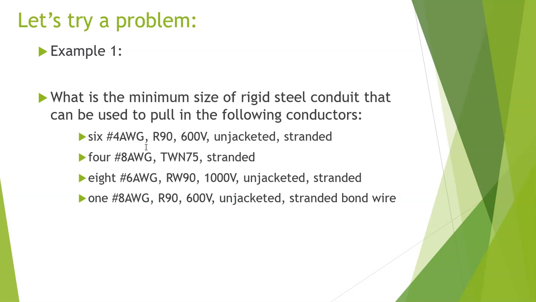Careful, because in these pipe fill questions, one of the mistakes people make quite regularly when you get a TWN conductor is they drop the N mistakenly and go and get their area off TW75, and therefore you get, in most cases, the question wrong.